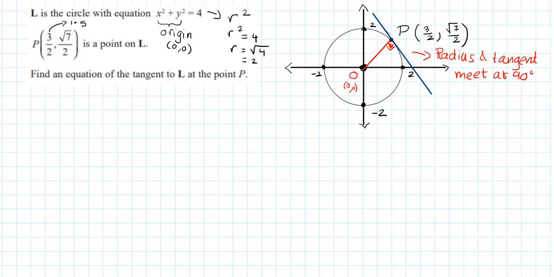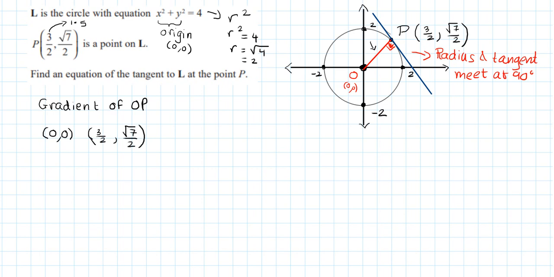We're going to first find the gradient of the red line here, OP. To do that, we have two coordinates: 0, 0 is the first one, and the second one is 3 over 2 and root 7 over 2.